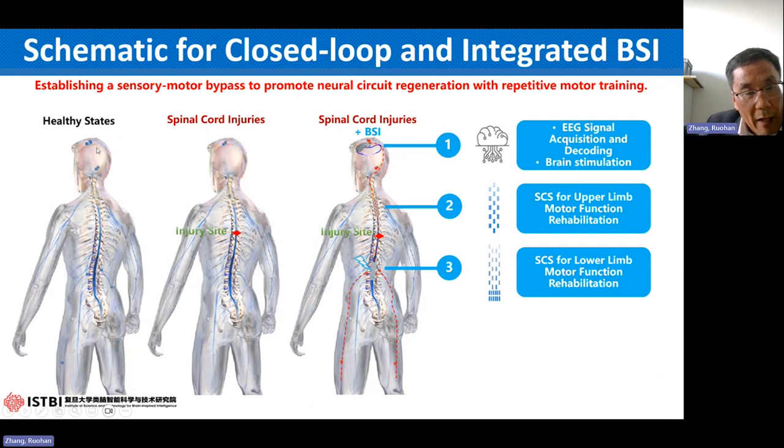We have people with a spinal cord injury here, and normally they are paralyzed, so they cannot walk anymore. So can we record the signal from your brain, bypass the injury, and implement chips in the lower part of your spinal cord, so people can start walking like normal people? That's one of the things we did.